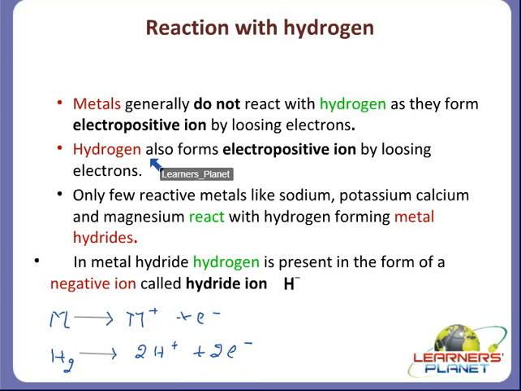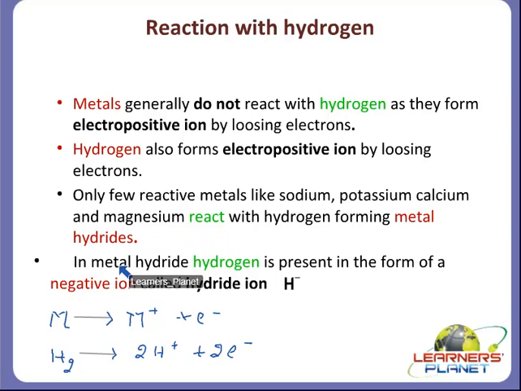Let's take up our next point, that only a few reactive metals like sodium, potassium, calcium and magnesium react with hydrogen forming metal hydrides. Because sodium, potassium, calcium are more electropositive than hydrogen, they react with hydrogen forming hydrides.